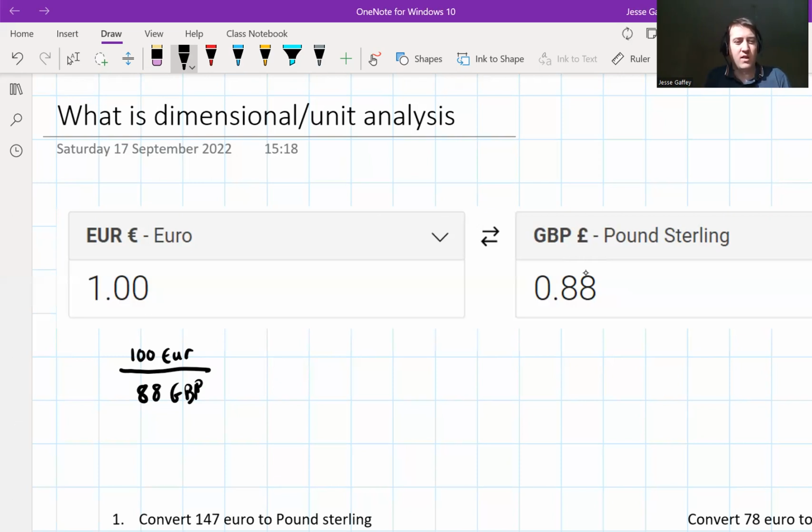It's also true that there are 88 Great British Pounds for every or per €100. So this is like an interchangeable fraction that you can put either one on top and either one on the bottom. It just tells us the relationship between these, euros to GBPs.